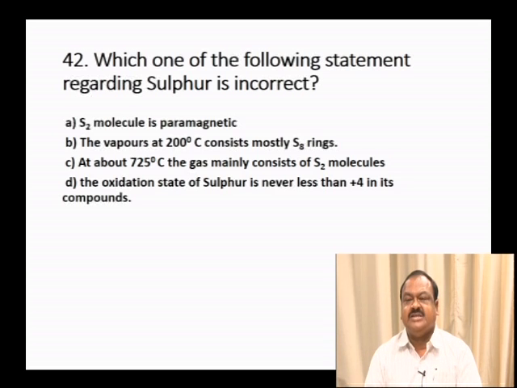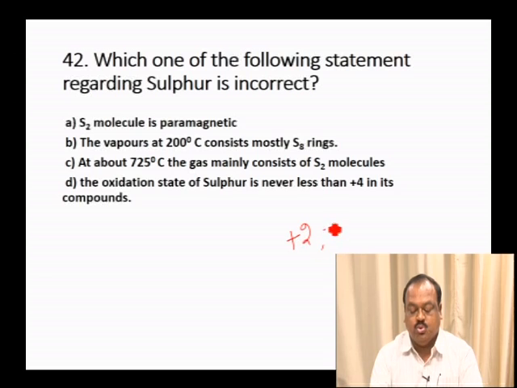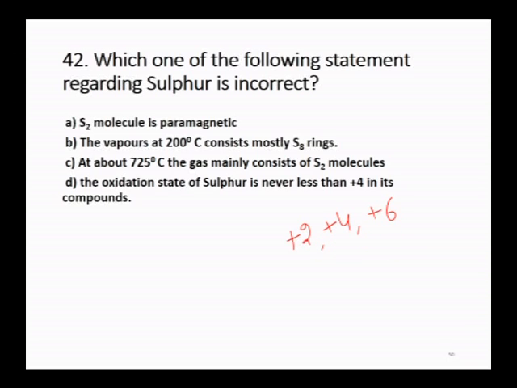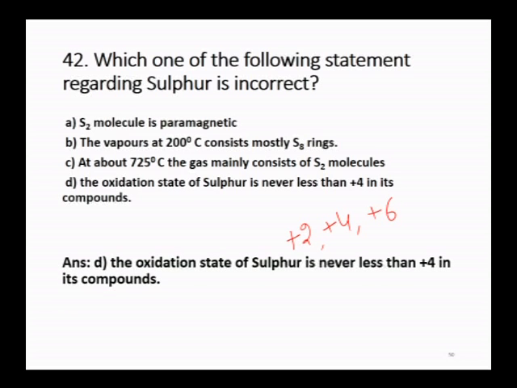The oxidation state of sulphur is never less than +4 in its compounds. Sulphur generally forms compounds with oxidation states +2, +4, +6, as we discussed in the synopsis. So the incorrect statement is that the oxidation state of sulphur is never less than +4 in its compounds. It is a wrong statement. So the answer is D.